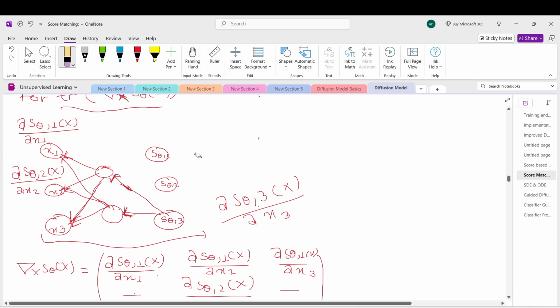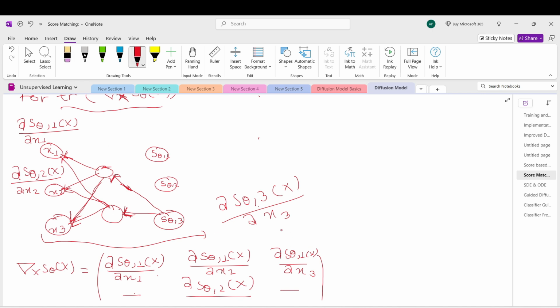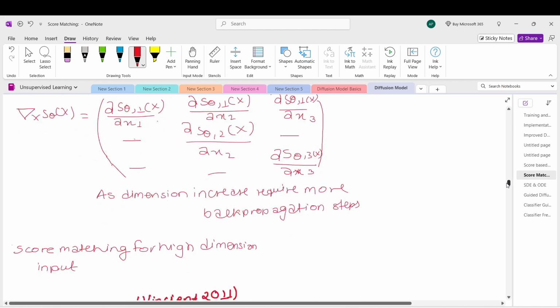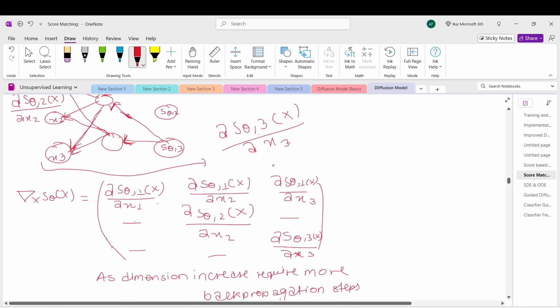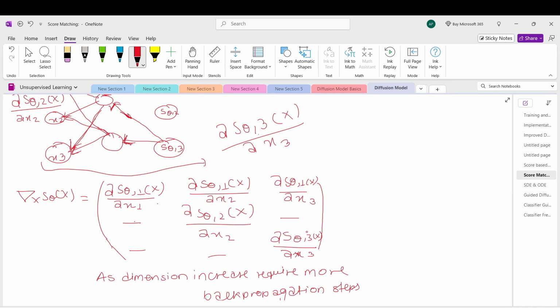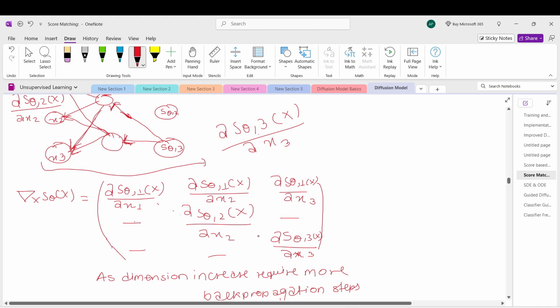this quantity here is actually this, and it is computed by using some back propagation. We don't have to compute all of this matrix, because we are computing the trace. So what is the trace?